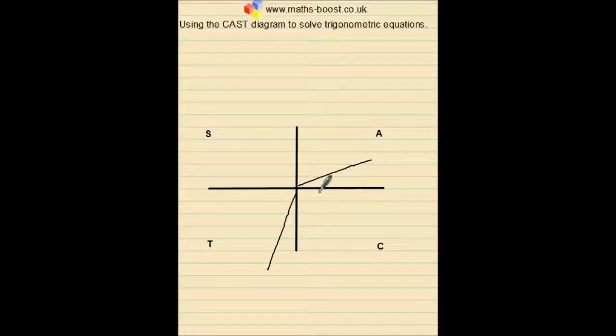And an angle of minus 200 degrees will be drawn in approximately here. And we could even draw in an angle of 460 degrees here.